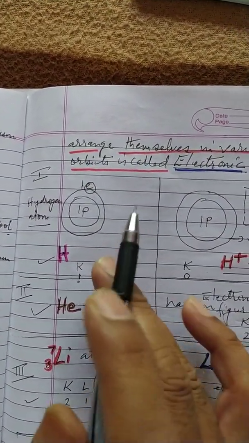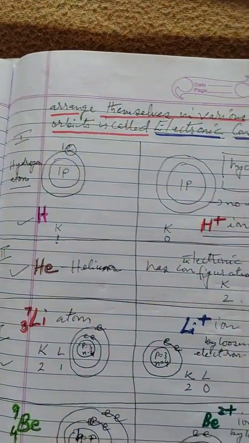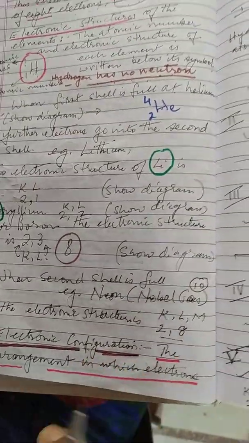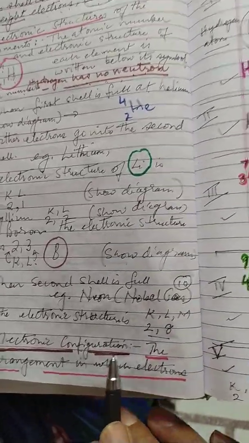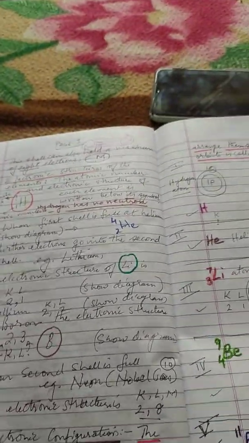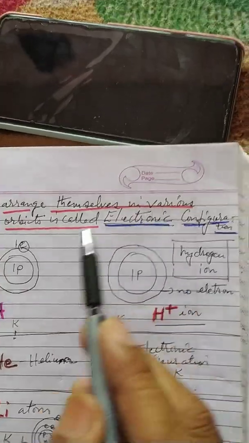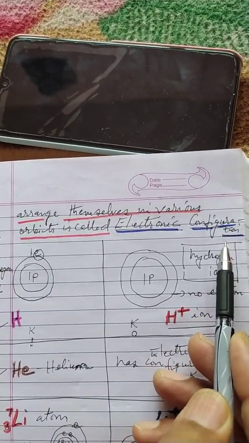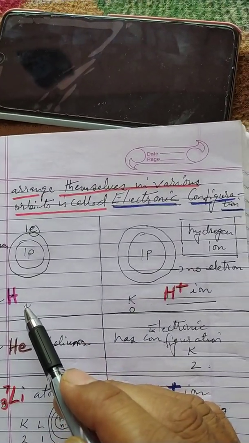We will check out on both the things. But just before we do this, let us look at an important definition which I was talking about at the beginning of this video. Electronic configuration. What is electronic configuration? The arrangement in which electrons arrange themselves in various orbits is called electronic configuration. Please repeat with me, children.